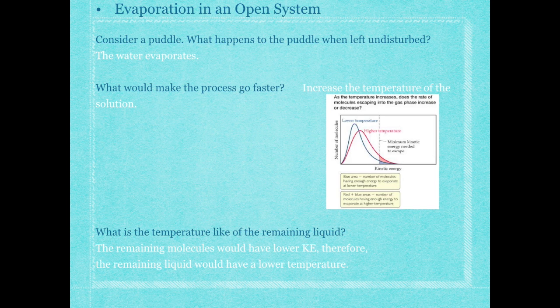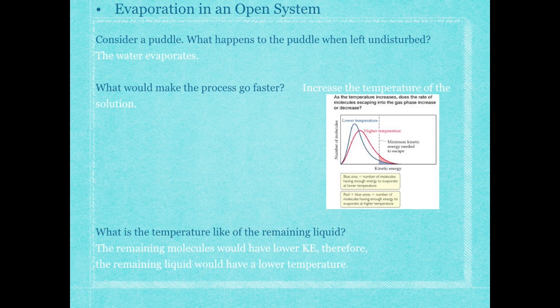The reason there's a minimum kinetic energy is that otherwise molecules are going to hold on to one another through intermolecular attractions, and if they're holding on to one another, they're not going to become gases. So there must be a minimum kinetic energy to counteract these intermolecular attractions.